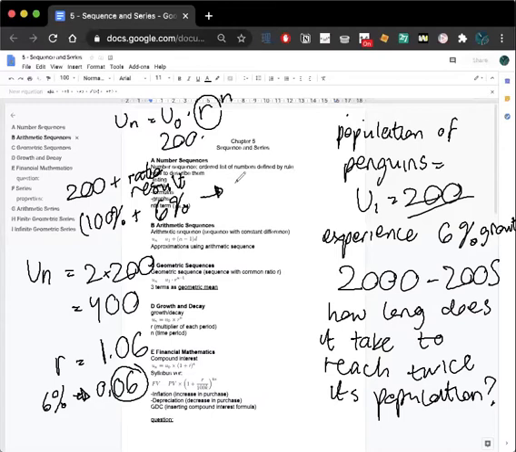That would be 106% or 1.06. And since it asks how long it takes to reach twice its population, the power, the n, is asking you the duration.